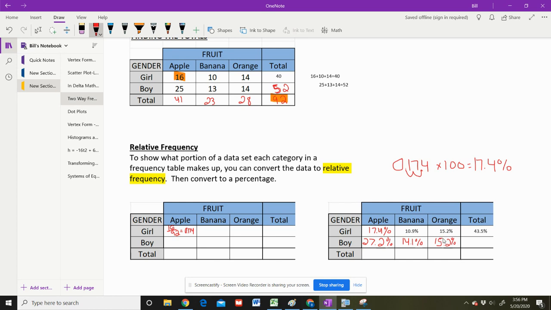If we look up here, you can see the girls had 14 divided by 92, and the boys also had a 14. So 14 divided by 92 gave me 15.2%. And then we had a total of 56.5% of the people were boys. And again, all I did was I took 52 divided by 92. And then for our percentages, if we take 41 divided by 92, we would get 44.6.